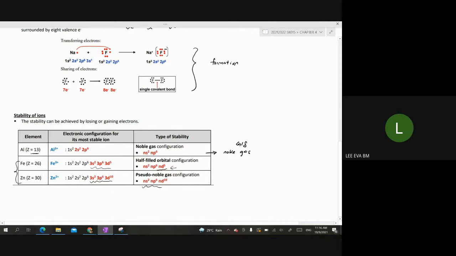When all are stable, we can't compare them. You just need to classify which type they are, but in all cases they are all stable. Then one atom will only become one of the configurations, right? Yes, exactly. Okay, thank you, Madam.